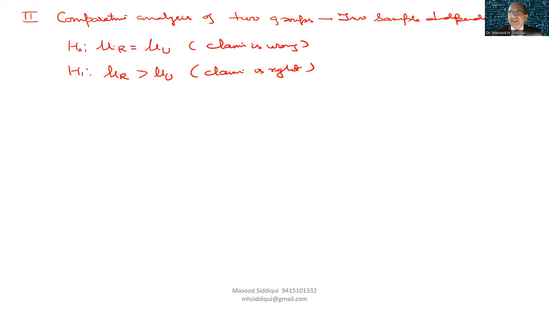Now, as we have discussed earlier also, all the units that belong to the first group will not belong to the second group. So this type of situation is known as independent samples. That's why the word is independent. Moreover, since the standard deviations of the two groups are unknown, here we will be using a t-test. So the proposed test would be the two independent samples t-test.